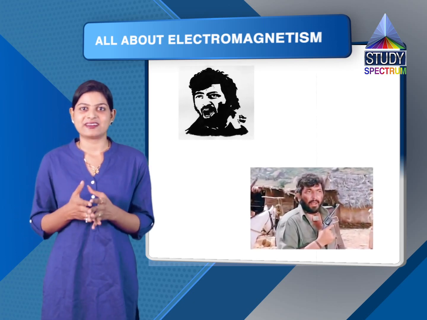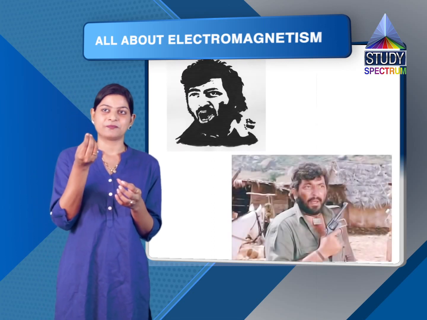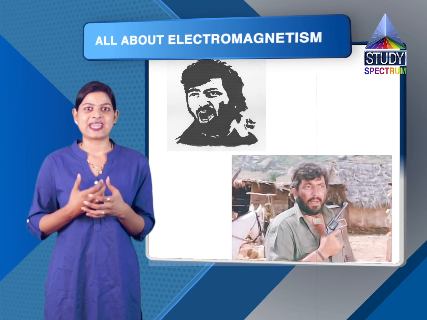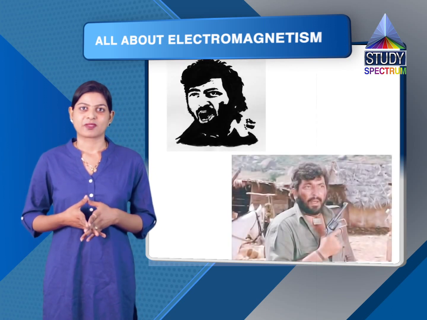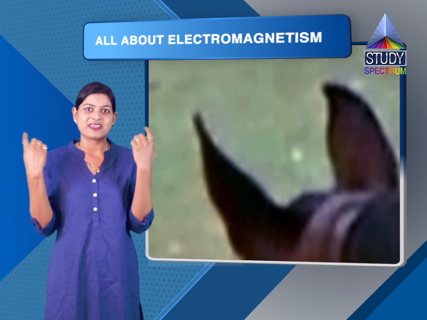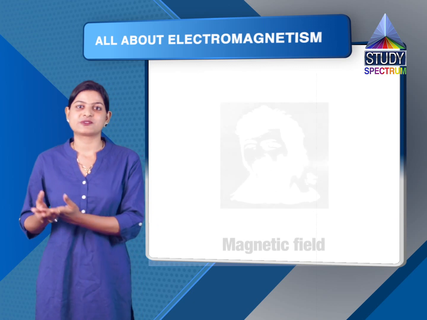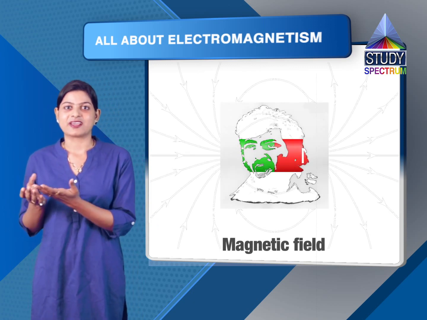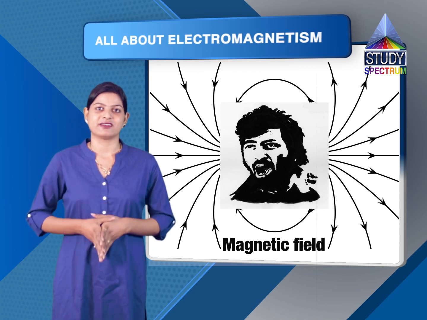That terror of Gabbar was limited to a certain area. Outside that area, nobody knew who Gabbar was. So that area which was covered by the effect of Gabbar, in terms of magnetism, is called magnetic field, and Gabbar is a magnet.